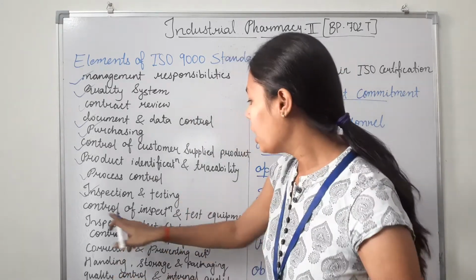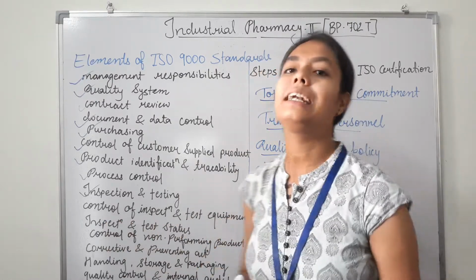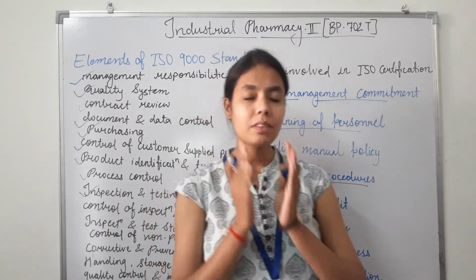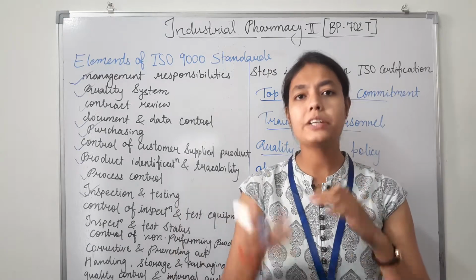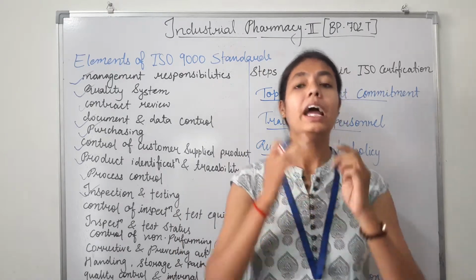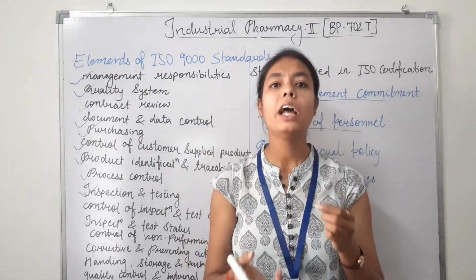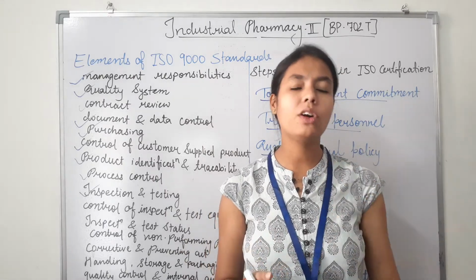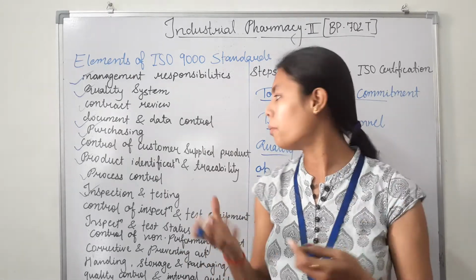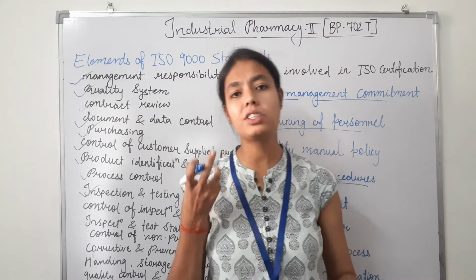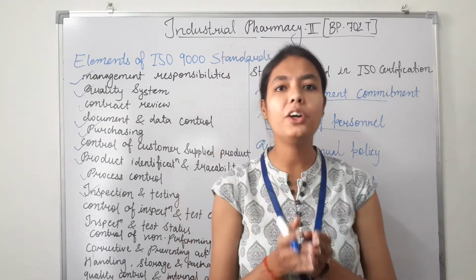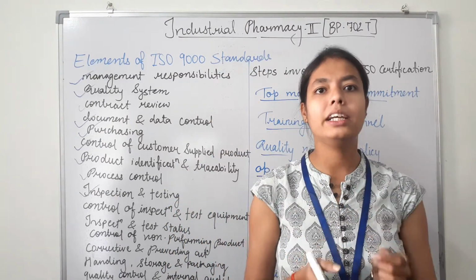After that, control of inspection, measuring and test equipment. It deals with the equipment used in inspection or testing. If we talk about general manufactured products, quality control tests come under this.